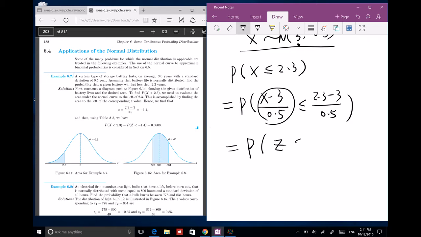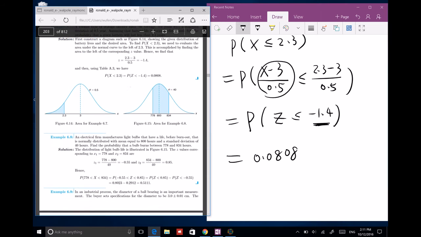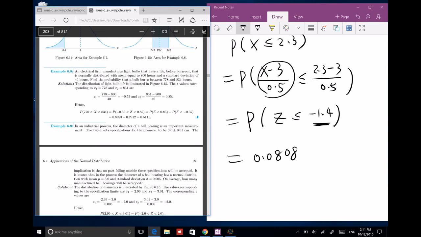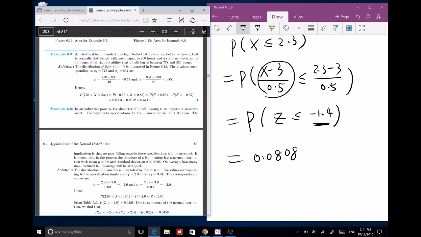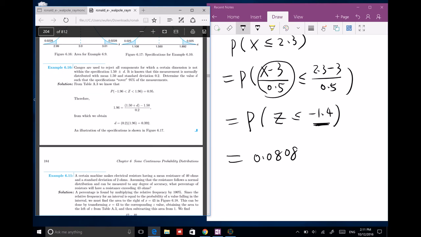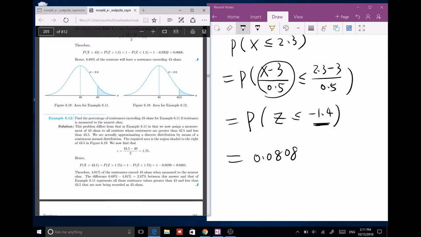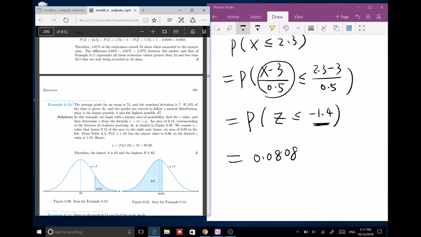So it's Z less than or equal to negative 1.4. Then you use the distribution table and find the probability corresponding to negative 1.4, which is 0.0808. Okay, that's how you apply the standard normal distribution. First, find the z-score, then find the probability. You can look at the next few examples. They're very similar: find the z-score, then find the probability.